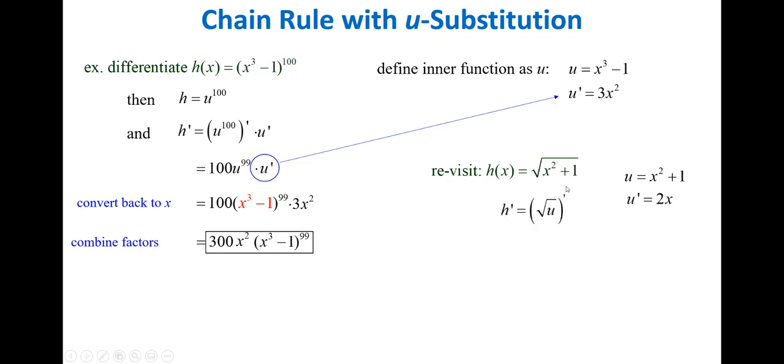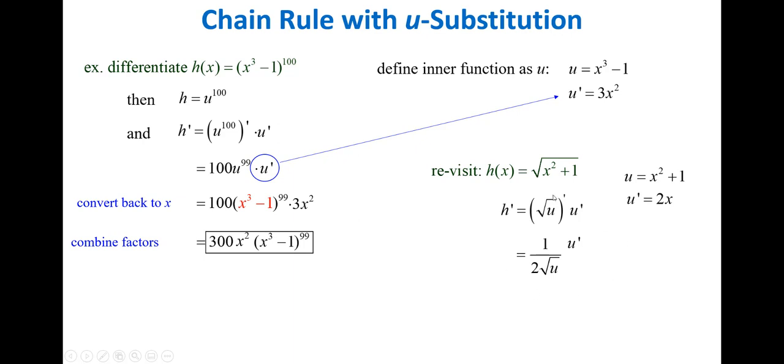And then this becomes radical u. Therefore, h prime will be the derivative of radical u, the derivative of the outer function, times u prime, derivative of the inner function. And the derivative of this is 1 over 2 rad u. And I'll rewrite the u prime.